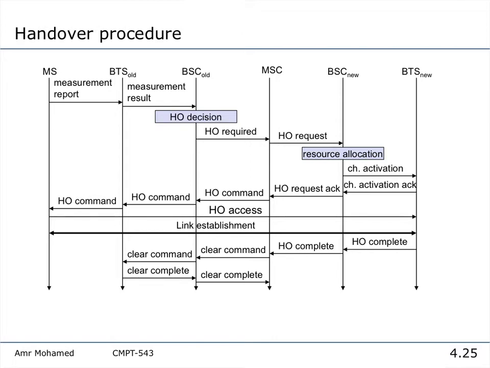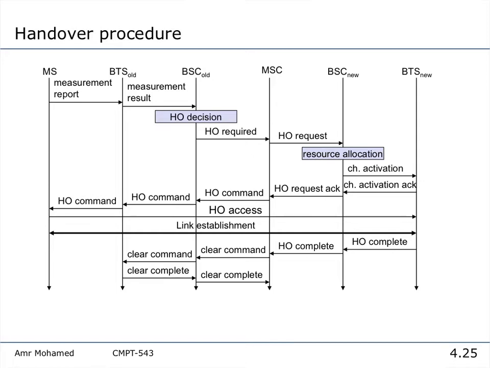Okay, so this is the logic for handover. As you can see, it's a very lengthy procedure, and that's why you have to be sure that you don't perform this unless you have to. Unless you cannot provide a good service to this mobile station from the old BSC, then you can switch to another BSC.